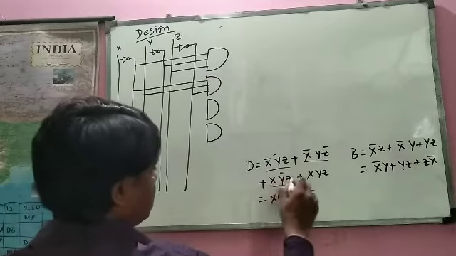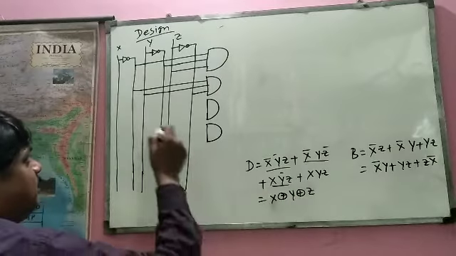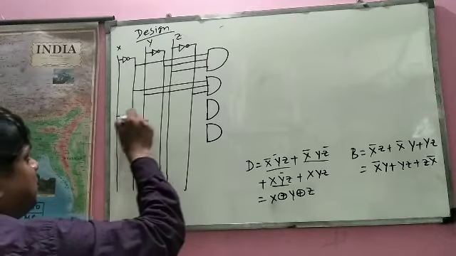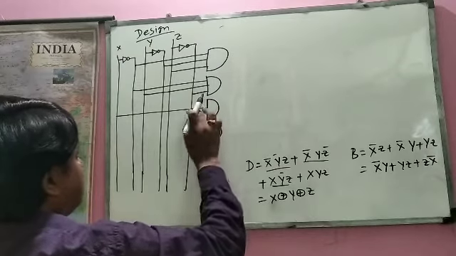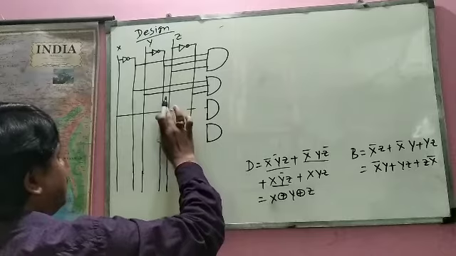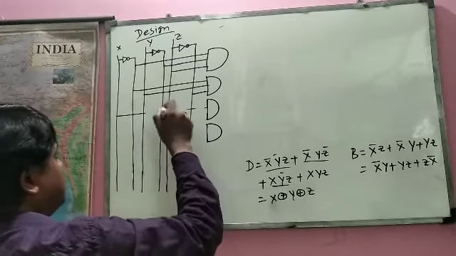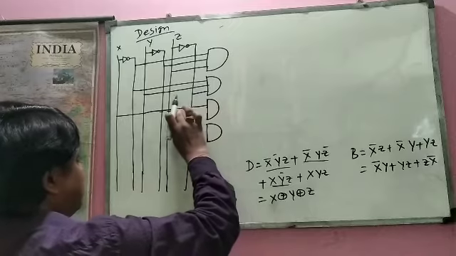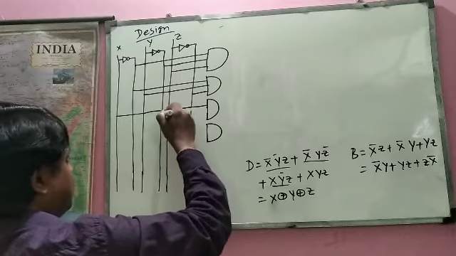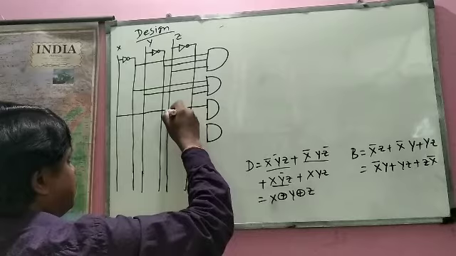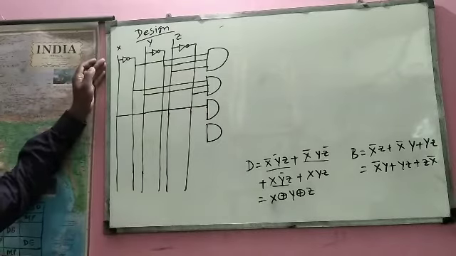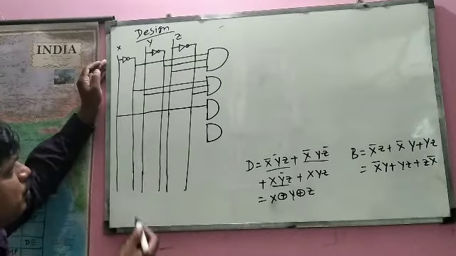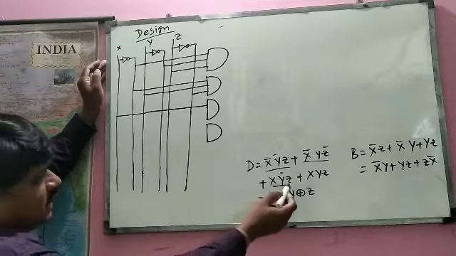And for this term, X, Y bar, Z bar, X is the first term, so X is here, slightly on the upper side. So this is X and this is Y bar.